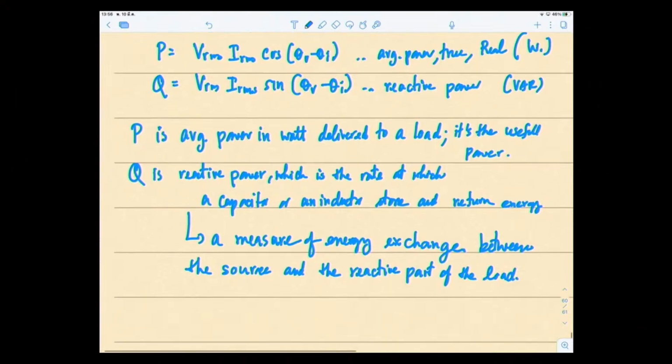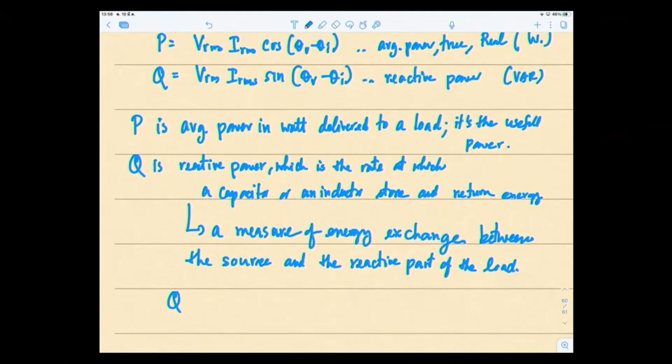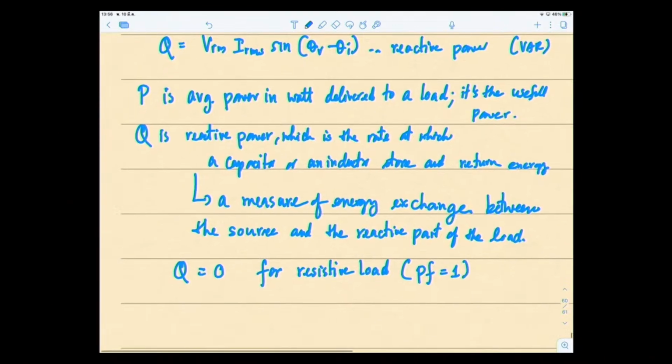Okay, and we can say that if Q is equal to 0, that means your load is simply a resistive load. So PF is equal to 1. If Q is less than 0, that means you would have a capacitive load, so you have leading PF.